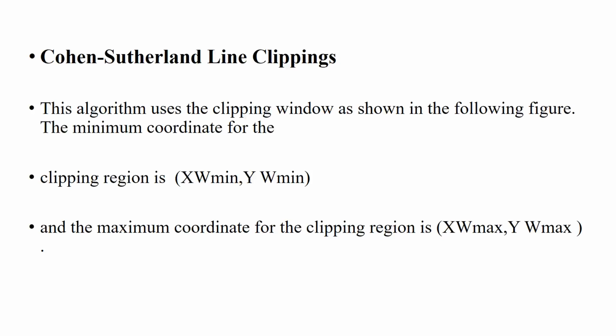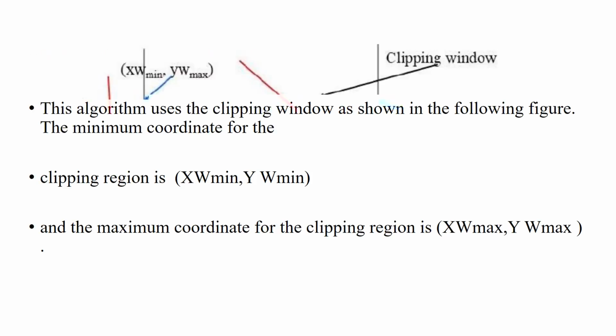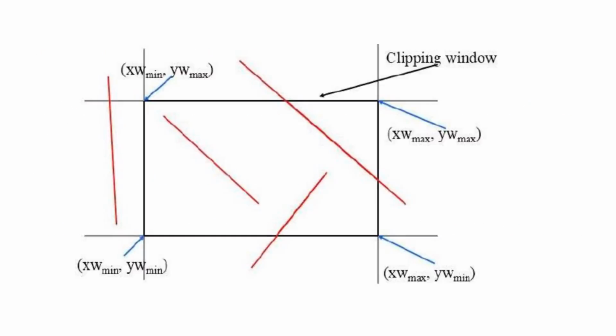First, I introduce this. This algorithm uses a clipping window as shown in the following figure. The minimum coordinates for the clipping region are x window min and y window min, and the maximum coordinates are x window max and y window max. In the figure, the lines are drawn in red and the window in black.